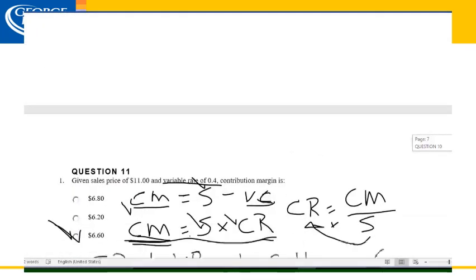I'm also going to do a quick little thing down here. Now let's look at, I'm going to bring up our CVP equation again. So sales equals our variable costs plus our fixed costs plus our profit. This might get a little weird, but I hope that this will help you understand.